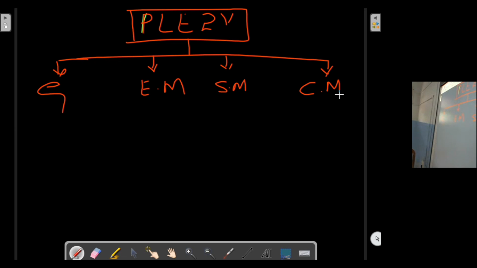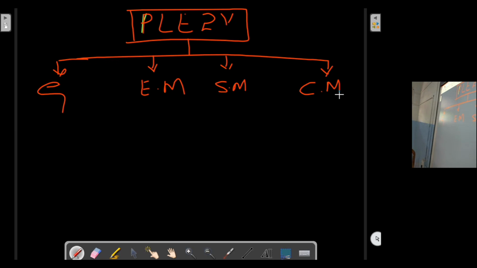So now we'll discuss the graphical method. Already you know a linear equation in two variables. If you draw it in the graph, what will you get? A straight line. Yes or no? Two equations means two straight lines.